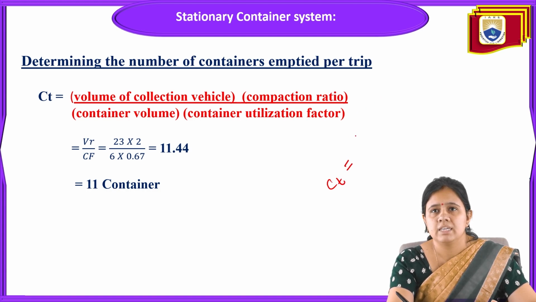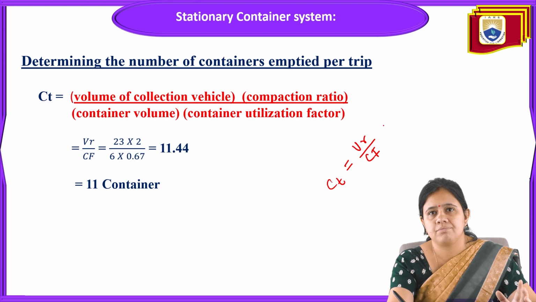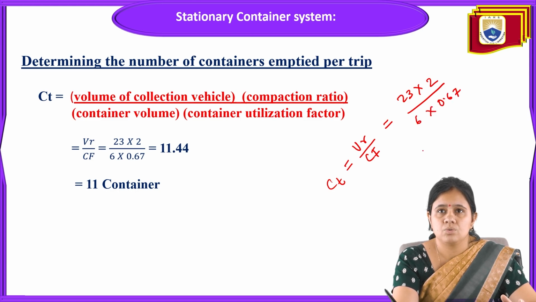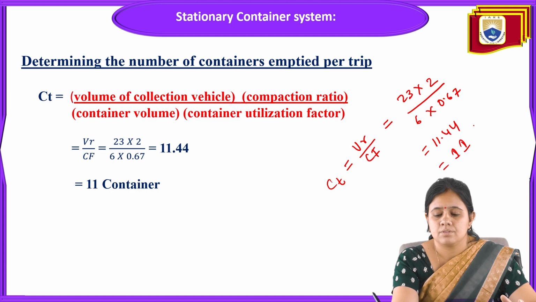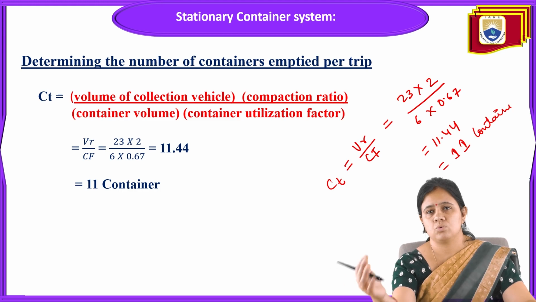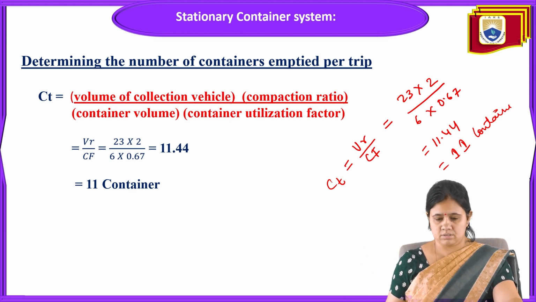So volume of collection vehicle into compaction ratio, V r, divided by container volume into utilization factor: 23 into 2 divided by 6 into 0.67 is equal to 11.44, so 11 containers. So in a trip they will empty 11 containers.